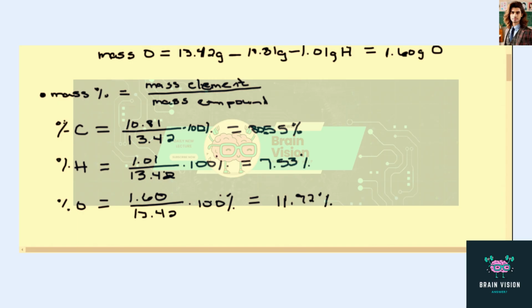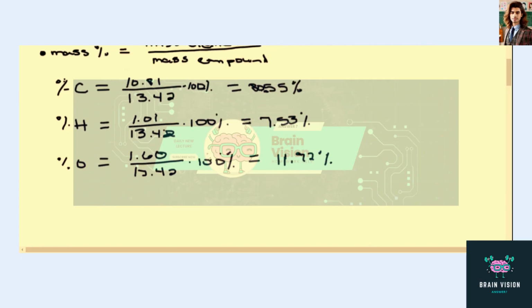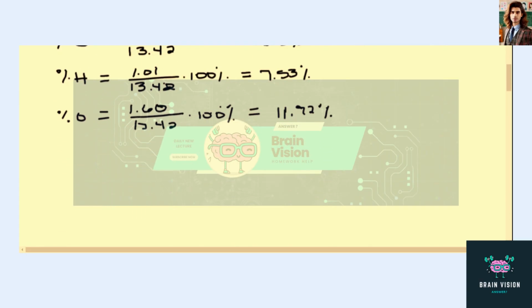Okay, so now what we need to do is to divide the percentages by their average atomic mass. And this will give us kind of some moles. So for carbon, we're going to take the 80.55.